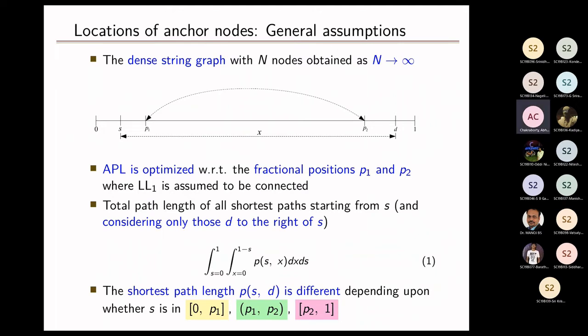Does anyone have any doubt in this mathematical setting where we use the unit string network, where we are trying to add a link between P1 and P2, and our objective is to optimize the values of P1 and P2, so that we get the actual location of P1 and P2 after adding a link, where S is the source, all possible sources, and D is all possible destinations, and the distance between source and destination is x. Is it clear?